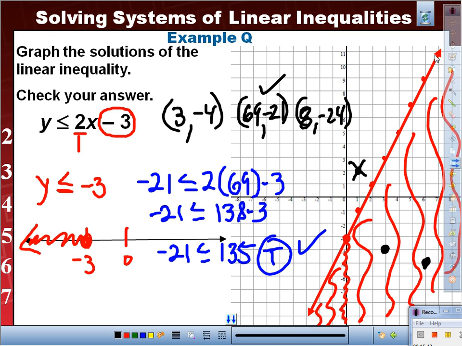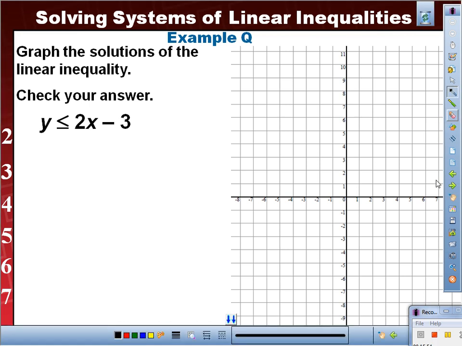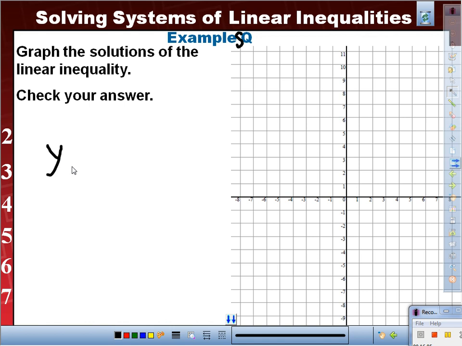Okay, let's go to another coordinate plane. Copy this one. See if we can do this one. Well, we're going to do this next one together. Here we go. You don't have to copy the instructions. This is example super Q. And let's write y is greater than, give me a number, Julia. 256.